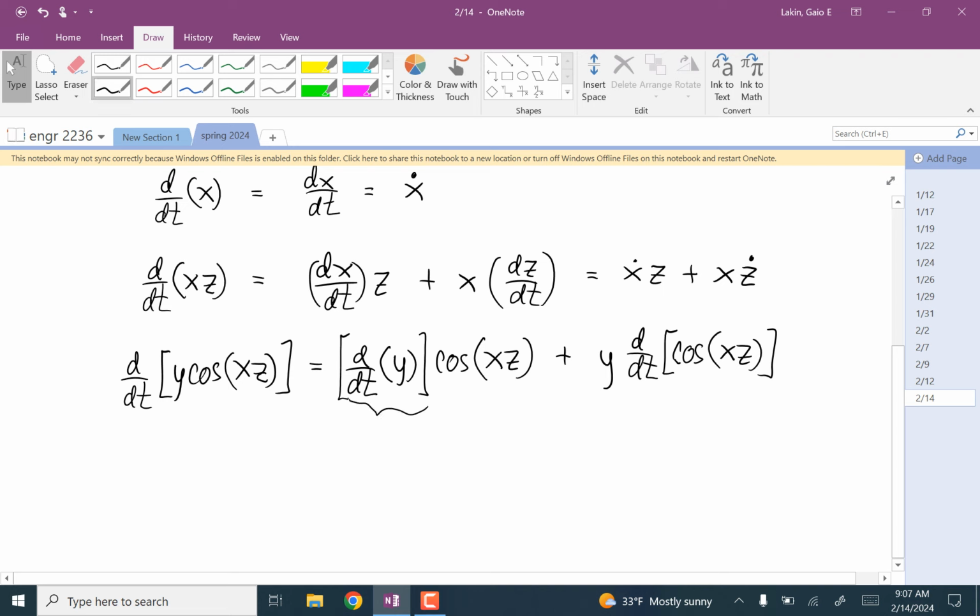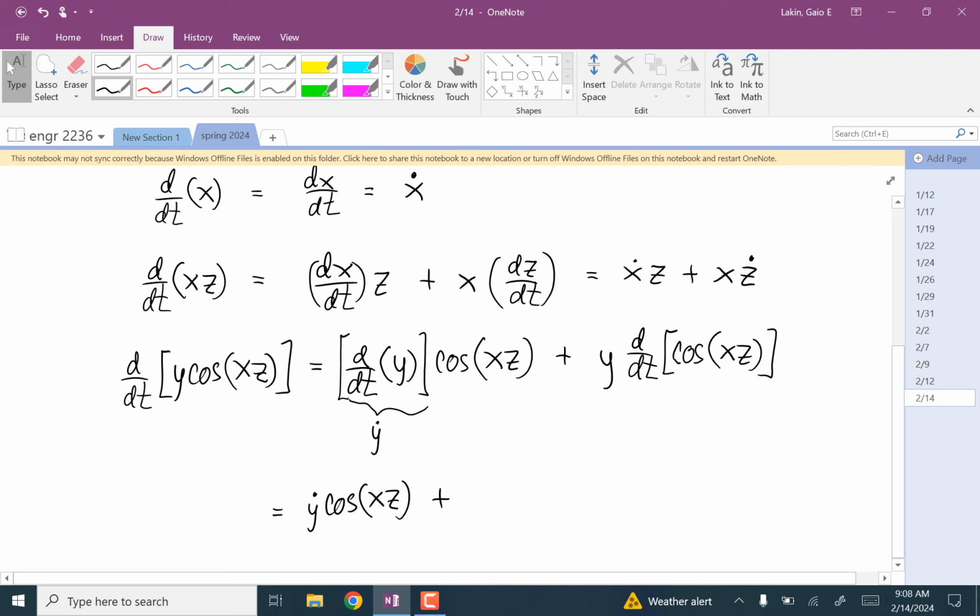So this one here is just y dot. I'm going to keep simplifying this little by little. So we have y dot cosine of xz plus y times the derivative of this. But this has some chain rule stuff, some product rule.